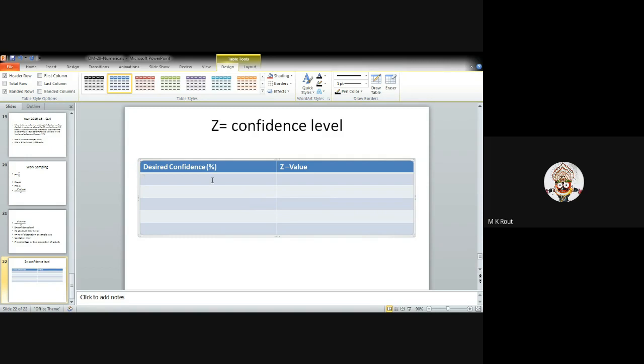If the confidence level is given as 68.3%, then the Z value is 1.